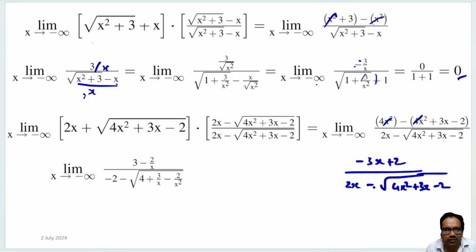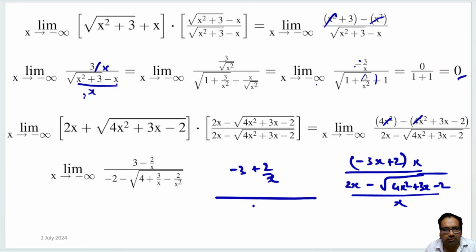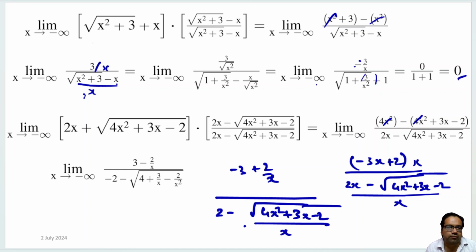If we divide everything by x, in the numerator we'll get minus 3 plus 2 by x. In the denominator, we'll get 2 minus under root 4x square plus 3x minus 2, by x.